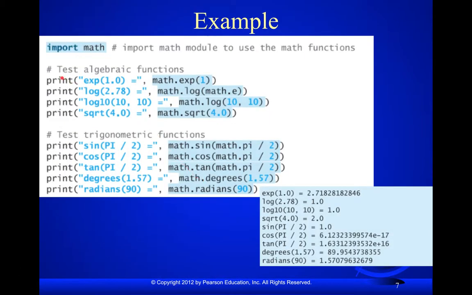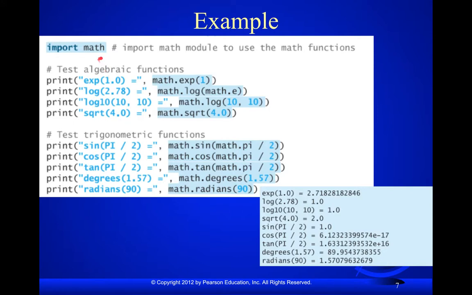So to do that, you always have to start by importing math, and then you can test these things. I think the easiest one to understand here is print, and then it's SQRT, and then the float variable there, the 4.0, and it will print this, and then it will do the square root of 4.